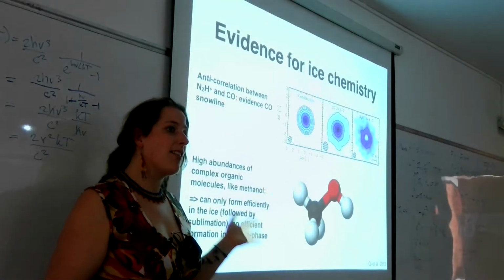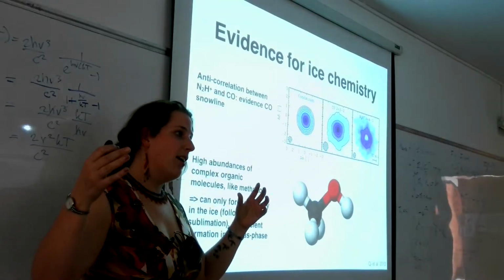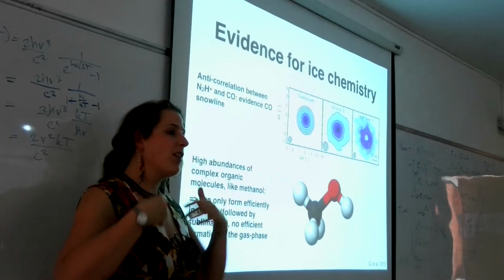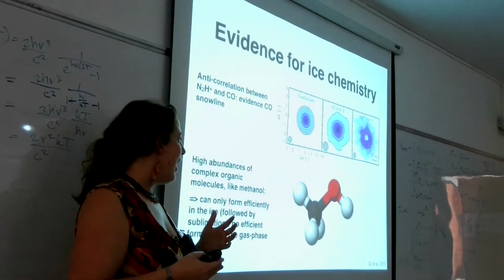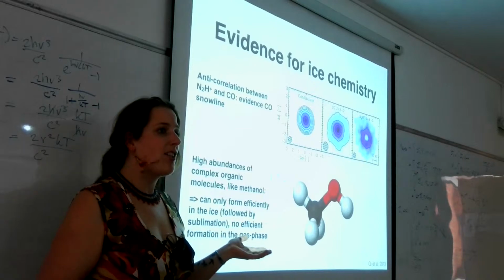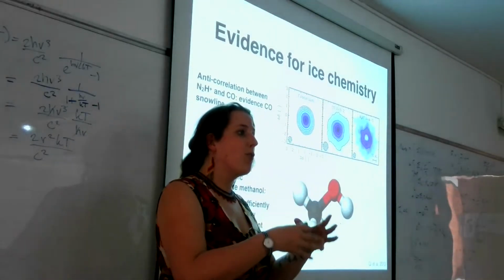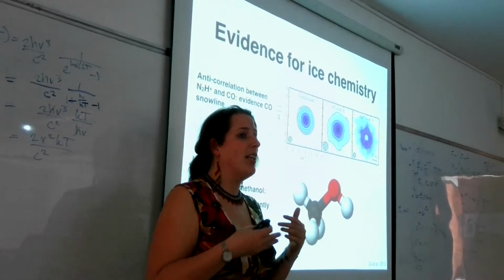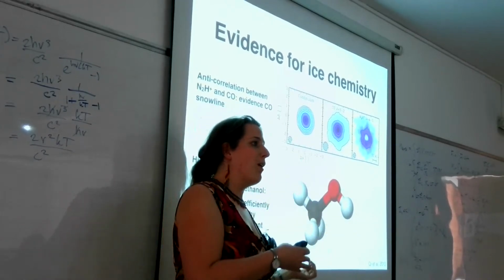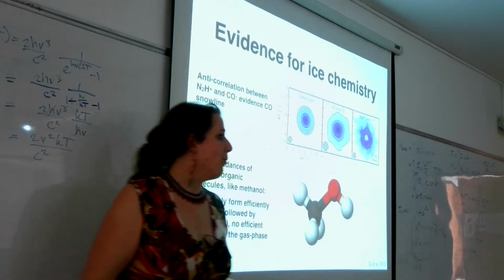However, in the ices, as I mentioned, the buildup of complex molecules is a lot more efficient. And that tells us that the molecules that we're detecting must have formed in the ice, and so the presence of these molecules means that ice chemistry must be available.